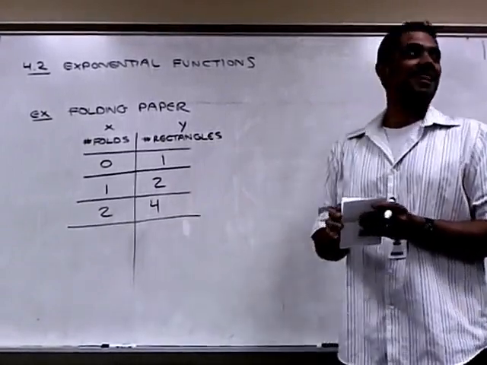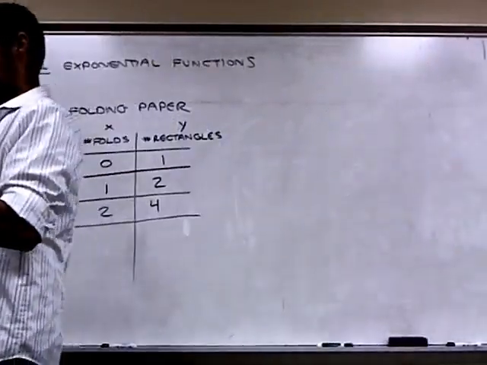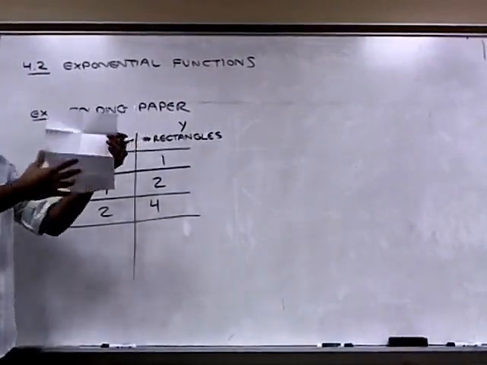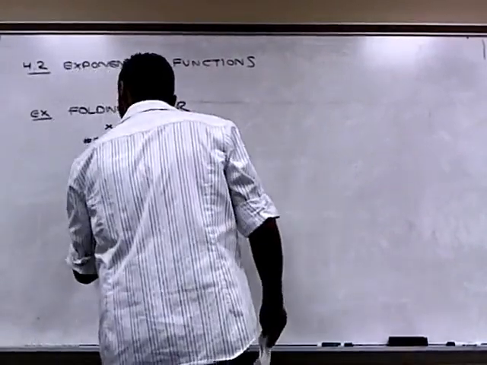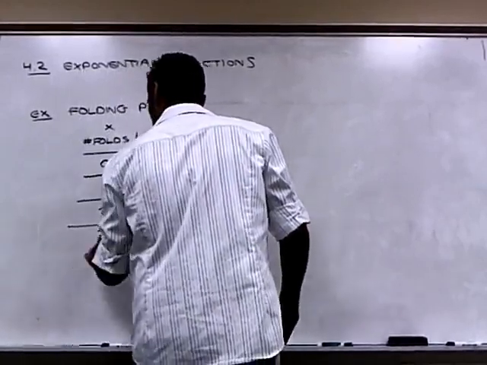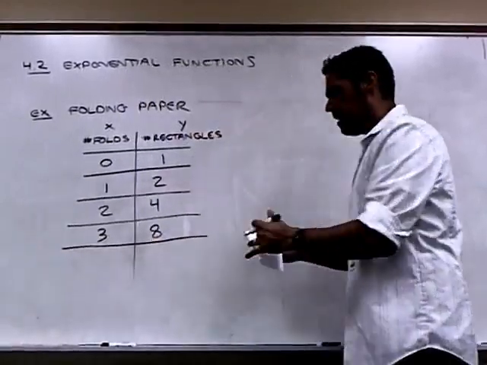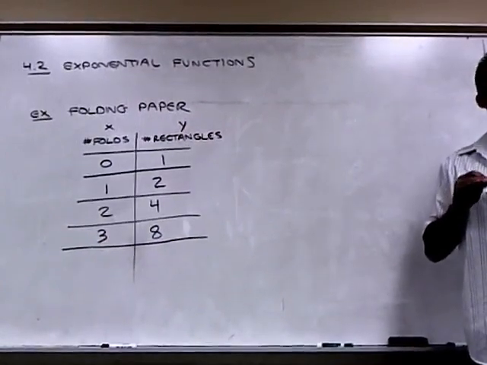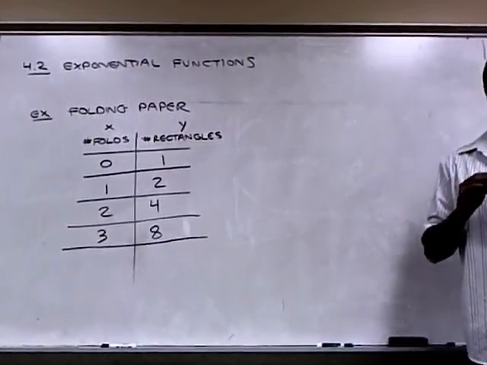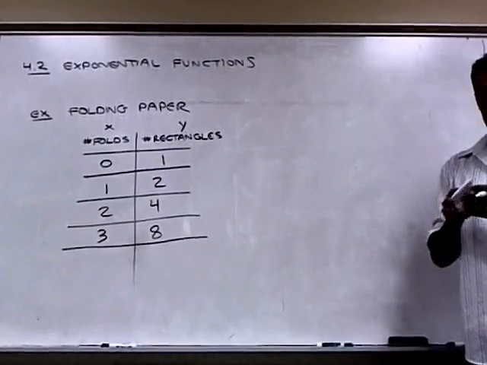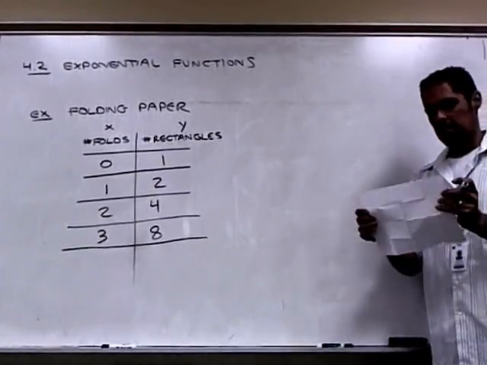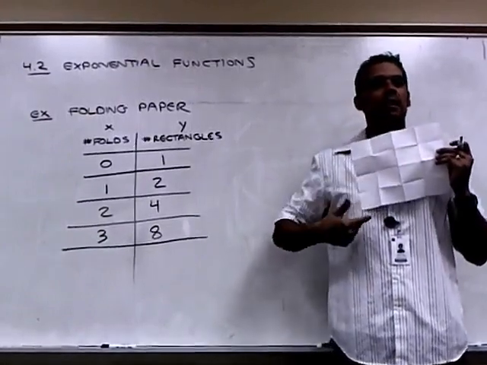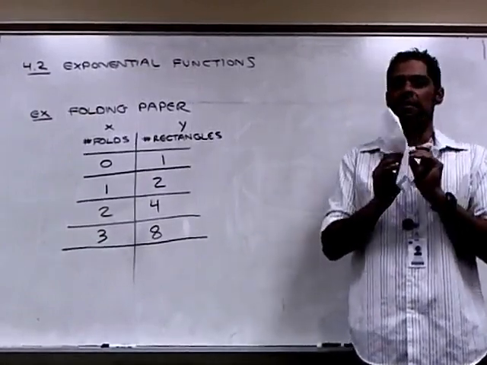So how many do we have? 4 down here, 4 down here. We have 8. 3 folds gives me 8. How about if I now fold it a 4th time? 16. So 4 across the top, 4 down the sides, and so we get 16.